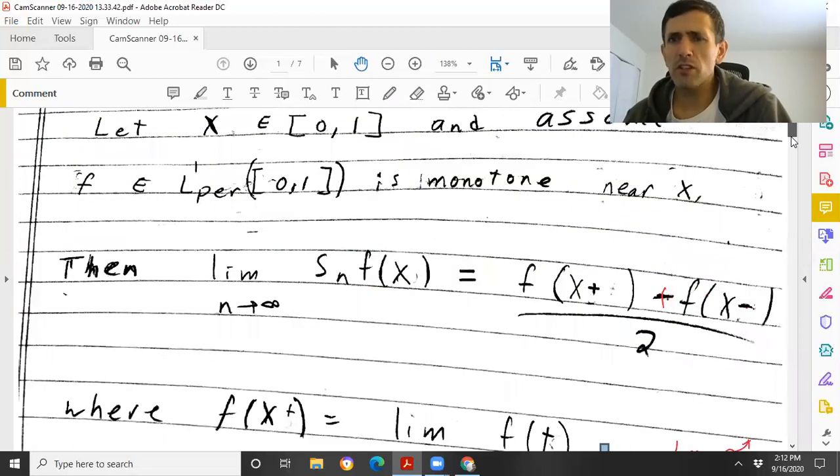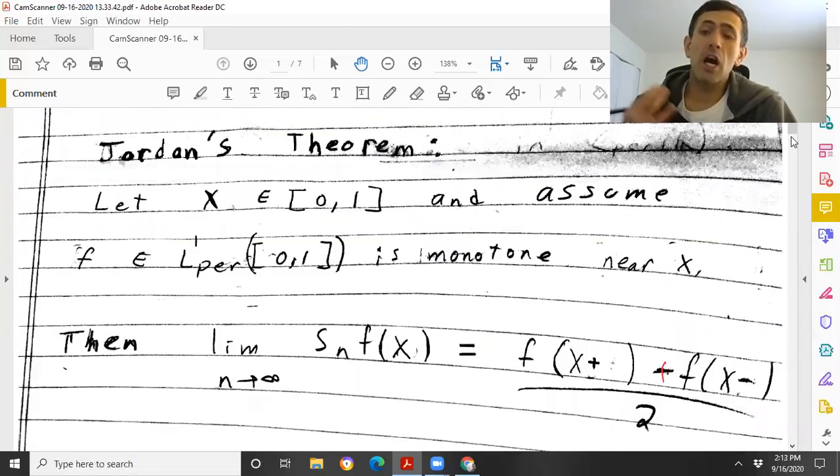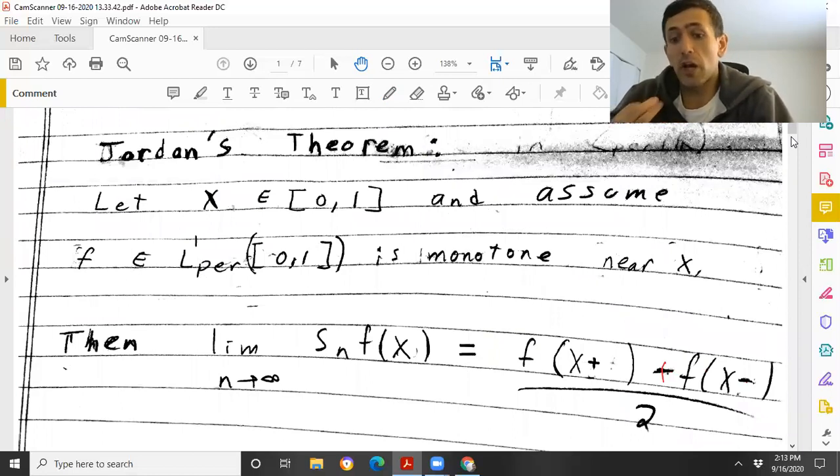Okay, and so this is incredibly powerful because if you remember, if not from 510A, at least from your studying for the analysis prelim, that every function of bounded variation can be written as the sum of two monotone functions. So in other words, Jordan's theorem is really telling us something about convergence of Fourier series for functions that are of bounded variation in a neighborhood of a point x.